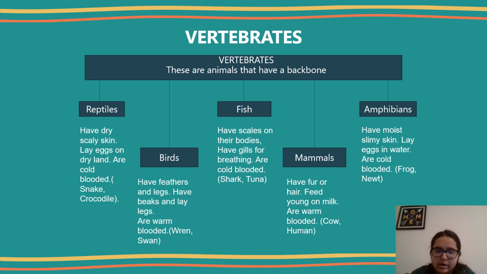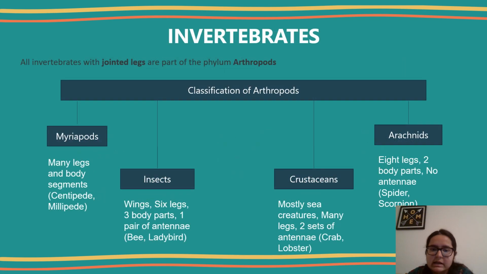So let's move on to the invertebrates. So all invertebrates with jointed legs are in the phylum Arthropods, and arthropods are divided into 4 groups: myriapods, insects, crustaceans, and arachnids. Myriapods have many body segments and they have many jointed legs. Example could be centipede or millipede.